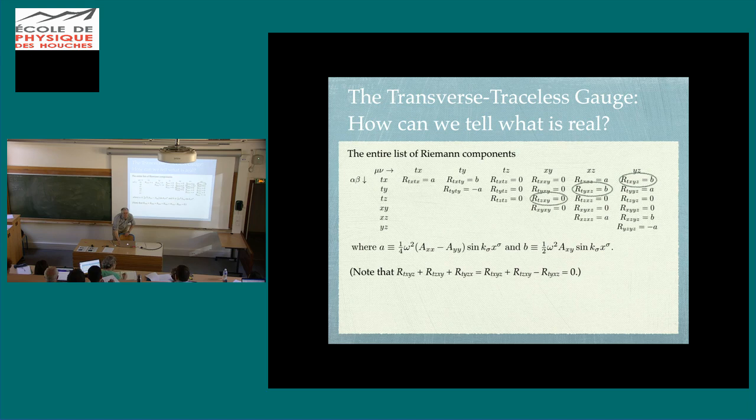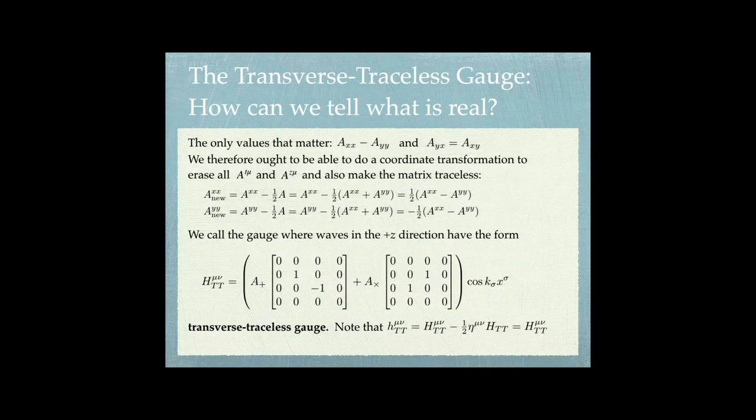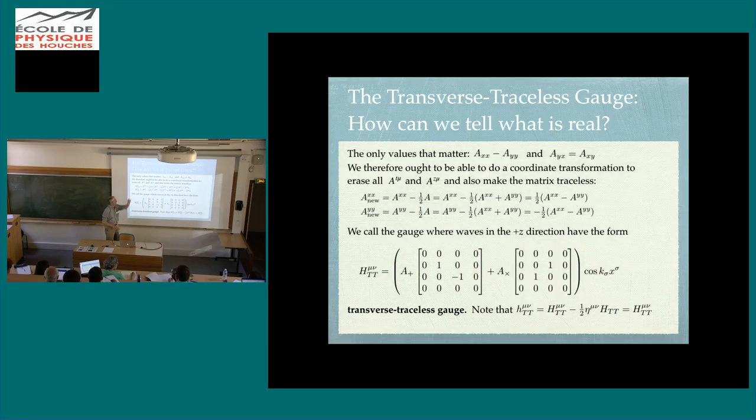But this is a very straightforward way. And the importance of this is that the other approach kind of, well, I'll get to that. It's clear that the only values that matter are the difference between these two values and that off-diagonal component. None of the Riemann tensors depend on any of the other components.